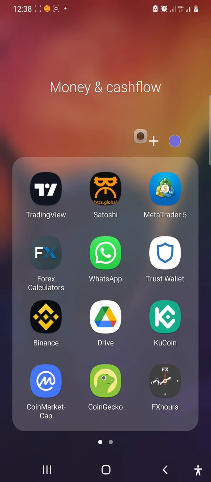So without much further ado, I'm going to be going to the app. The only thing it doesn't contain is indices. So for the indices, I'm going to be doing another video on that entirely, to show you the chart of the indices market. So TradingView.